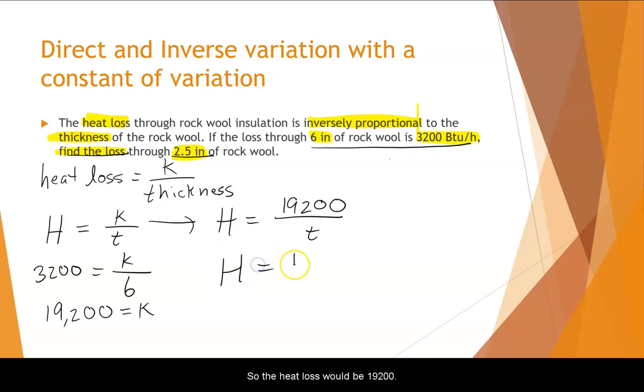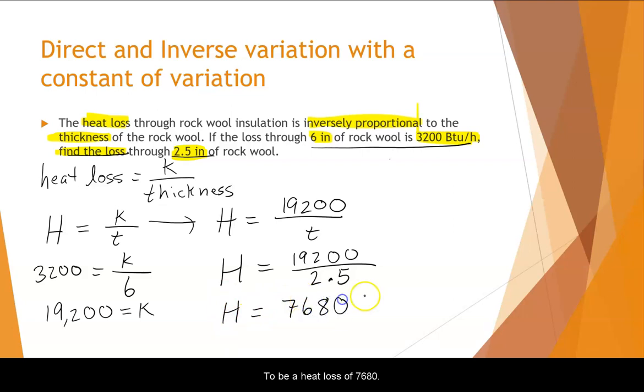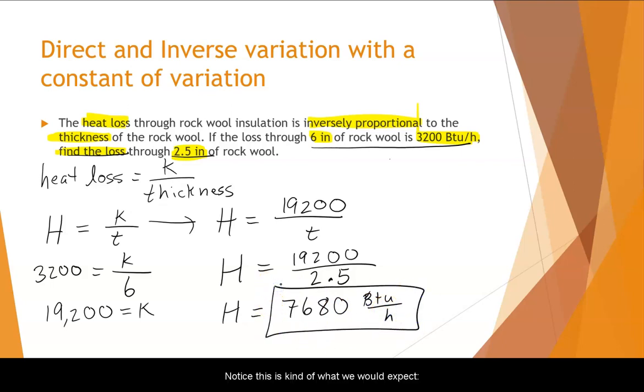So the heat loss would be 19,200 divided by 2.5, which works out to be a heat loss of 7,680 BTU per hour. Notice this is kind of what we would expect. A thicker insulation had less heat loss, and thinner insulation had a greater heat loss.